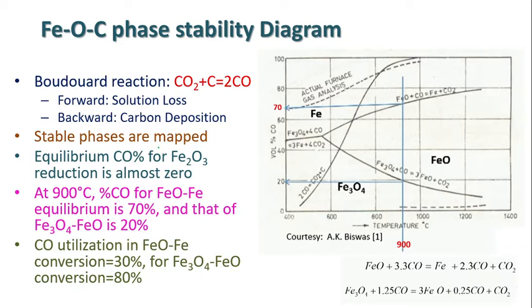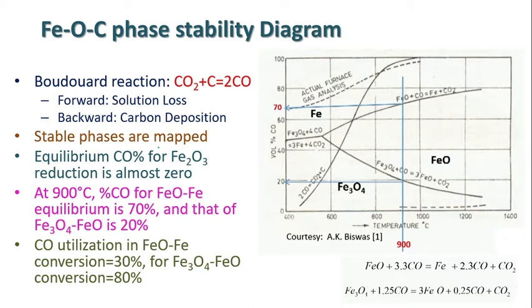So, only Fe2O3 to Fe3O4 reduction takes place in the upper part of the furnace, along with some amount of Fe3O4 to FeO reduction. But FeO to Fe reduction takes place in the lower part or the lower middle part of the blast furnace, because there the CO percentage is high enough, that means oxygen potential is at the lower side.